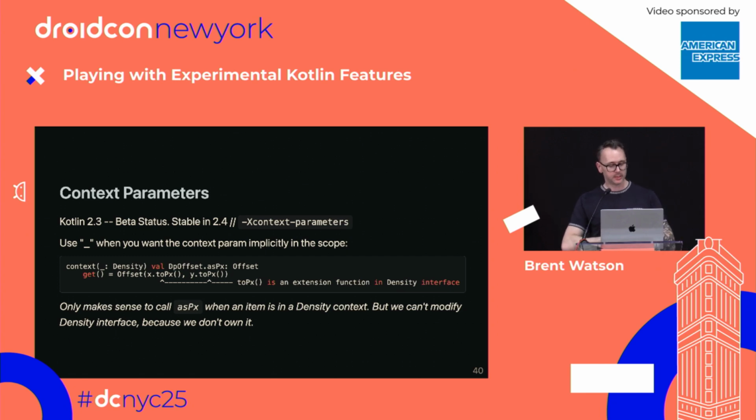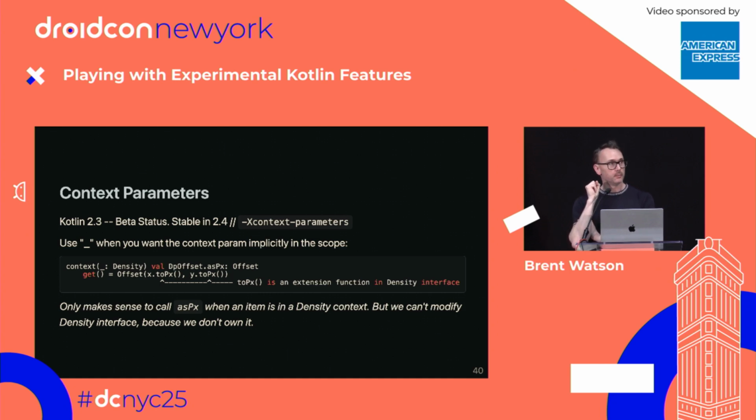The idea here is that this toPx function exists on a compose interface called Density, and this is a real example, by the way. So it exists on an interface called Density, and in that interface there is an extension function called toPx.